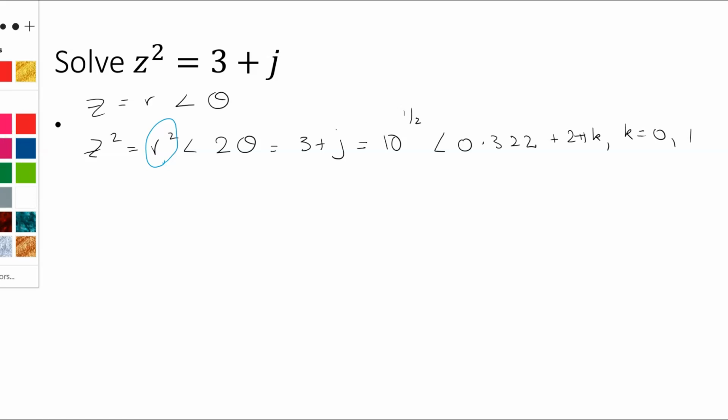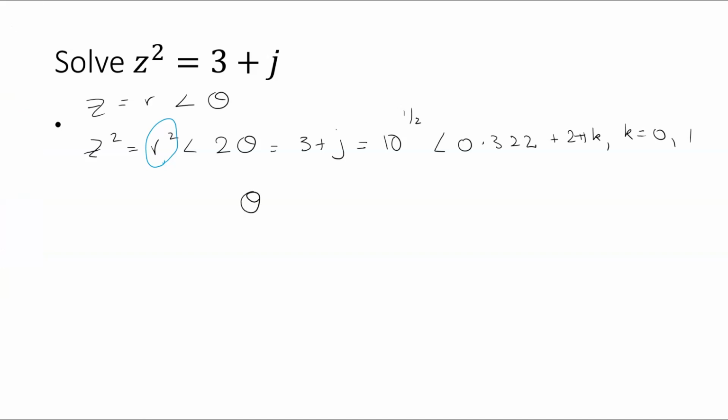So if 2 theta is that, then theta is going to be 0.32, or 175 maybe, divided by 2 plus 2 pi k over 2, where k is equal to 0 or 1. Okay, so that was just finding theta.